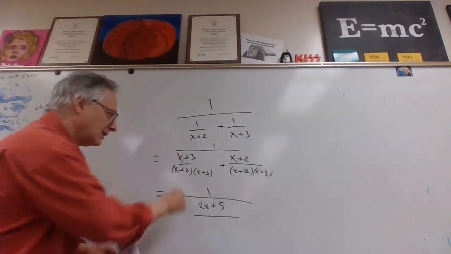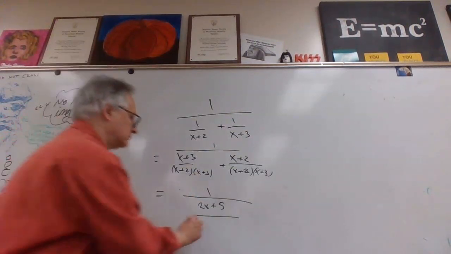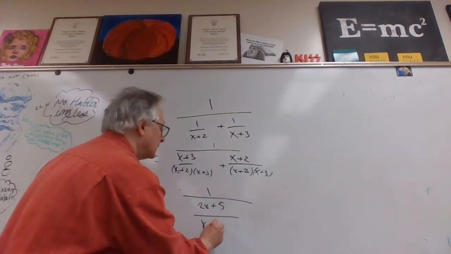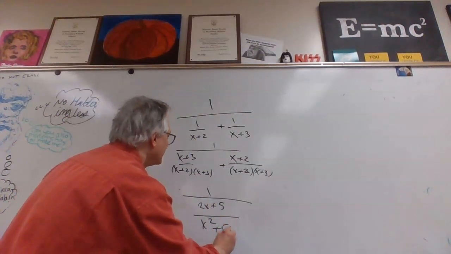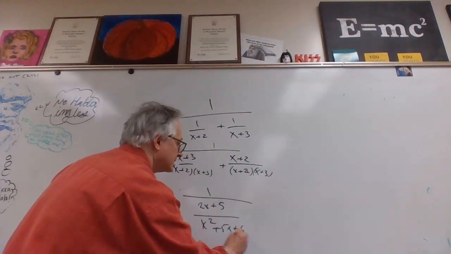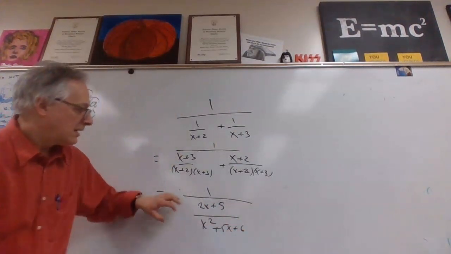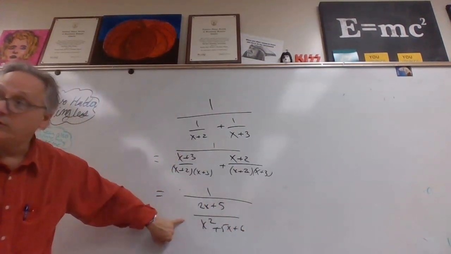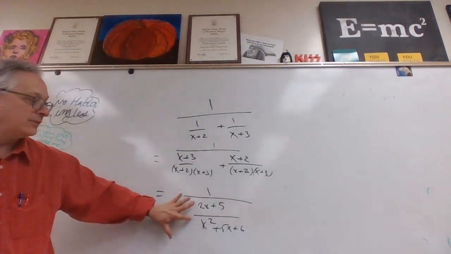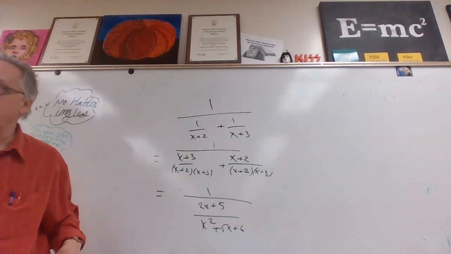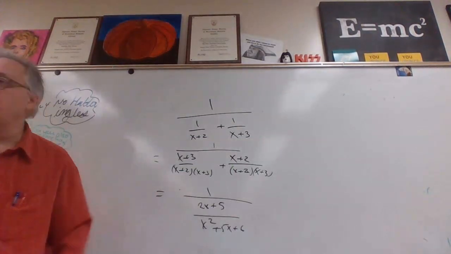Now, let's FOIL out the bottom. x squared plus 5x plus 6. Now, this is 1 over that. So how do I reciprocate that, or how do I simplify that?